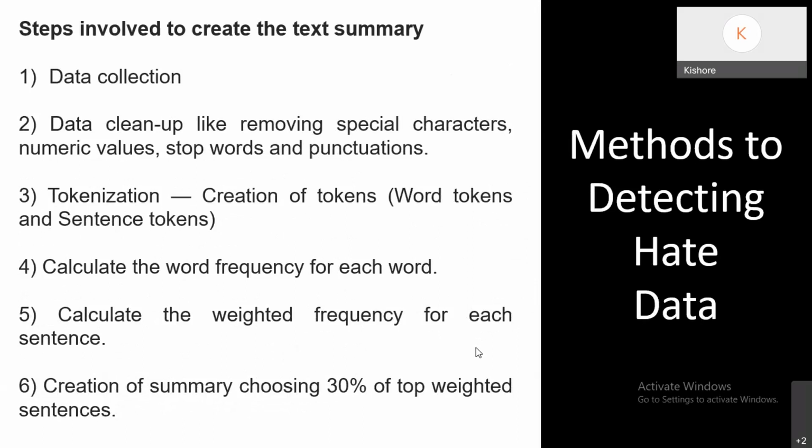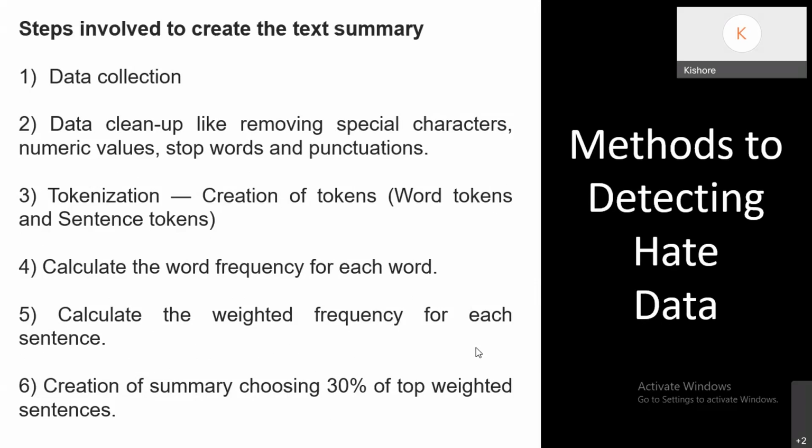That was one use case, and regarding news articles, we saw another use case. So we started off with the need for text summarization. The second thing we saw was the types of summarization. There were two types: extraction based and abstraction based. In extraction based, the output is the important sentences from the original data.